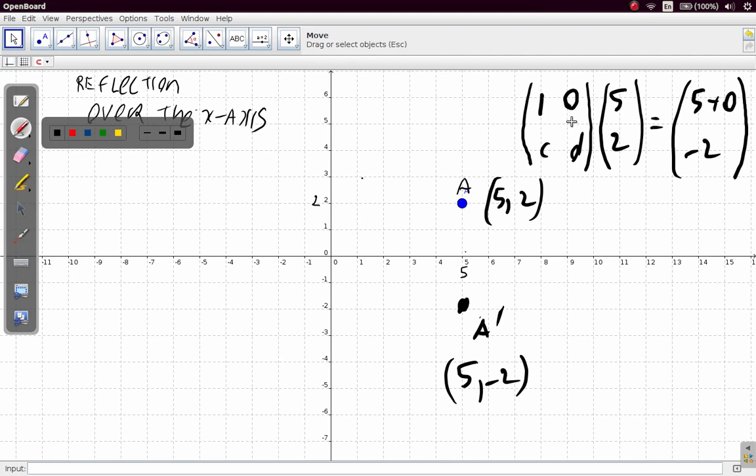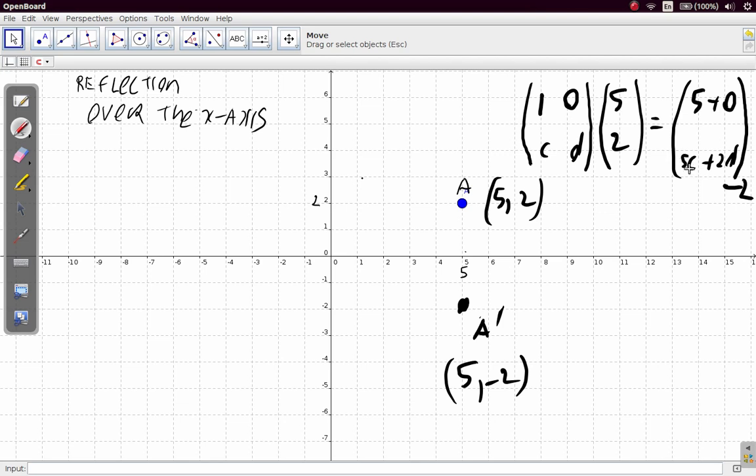Alright. You see that? Now, C times 5 plus D by 2 gives you negative 2. Now you can see what's happening here. If you have C by 5, it gives you 5C plus 2D, and all of this comes together to give you negative 2.